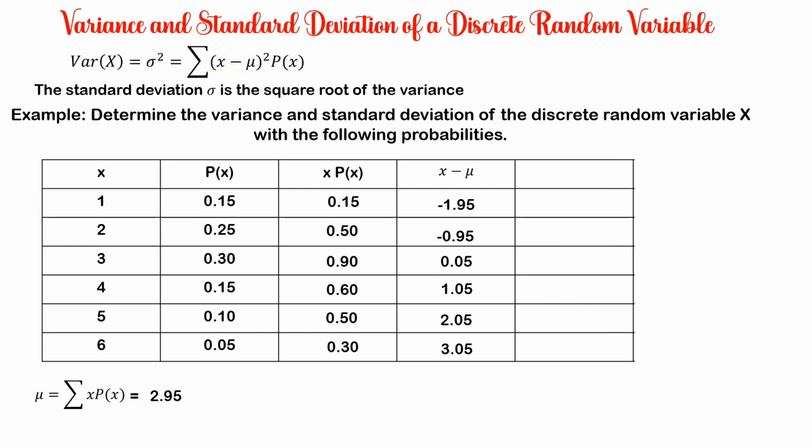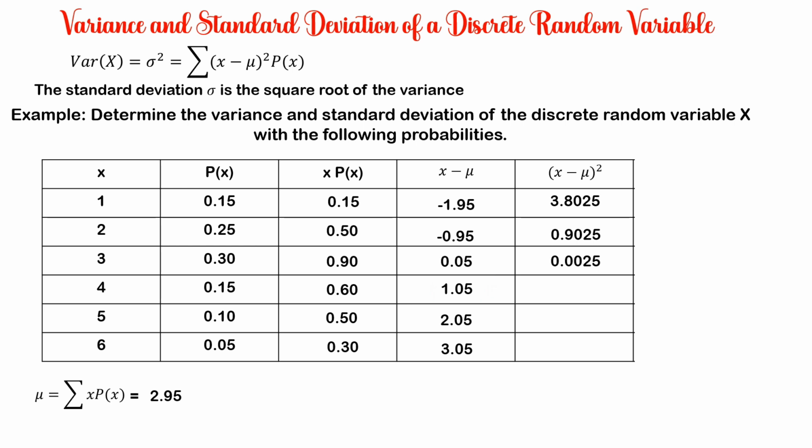And to solve the next element in the formula, that is getting the square of these values. So first, we have the square of negative 1.95 is equal to 3.8025. Next, the square of negative 0.95 is equal to 0.9025. Next, the square of 0.05 is equal to 0.0025.